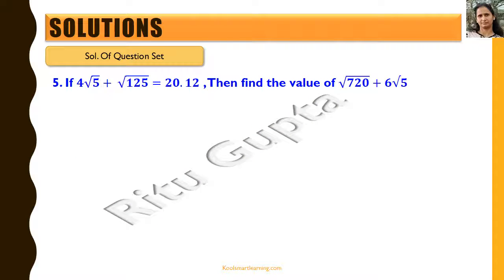Let's look at the fifth question. We have been given this information that 4 root 5 plus square root of 125 is equal to 20.12. We need to find the value of the expression square root of 720 plus 6 root 5 based on the information that has been provided to us.